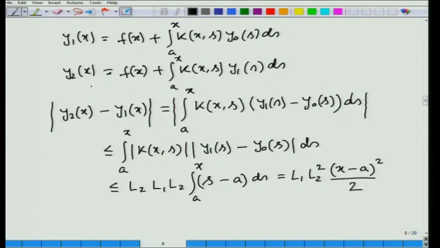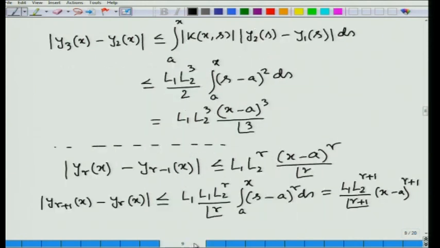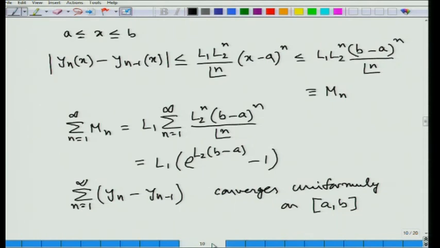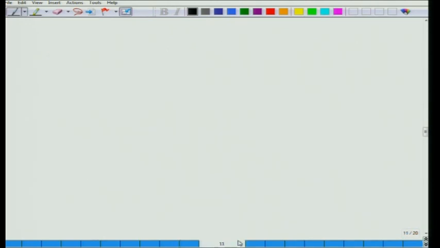So, that means y_0, y_1, y_2 are continuous, and in this way the nth iteration y_n(x) is also continuous, and therefore, the sequence of functions are continuous functions, and ultimately we are able to prove that the series summation n running from 1 to infinity y_n(x) minus y_{n-1}(x) converges uniformly over the interval [a, b].